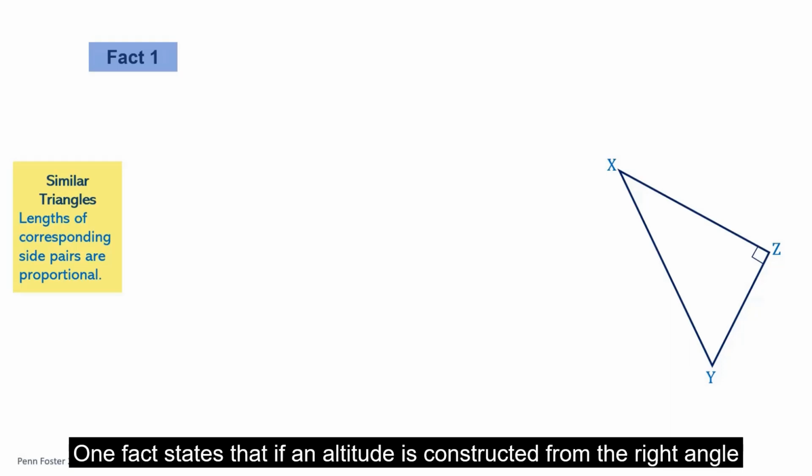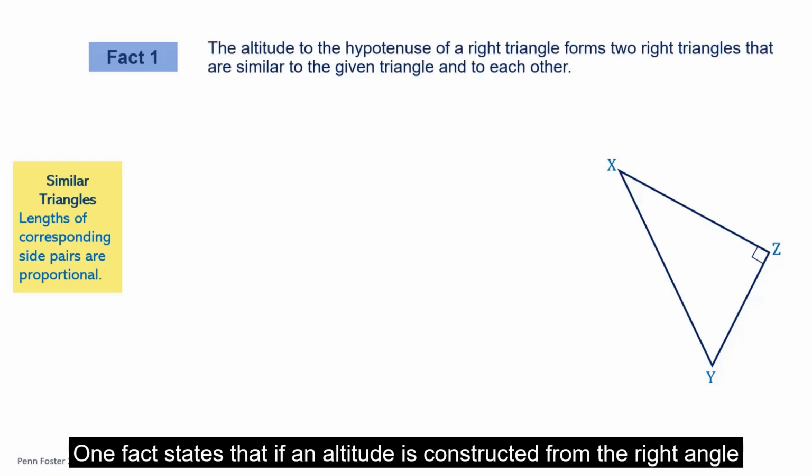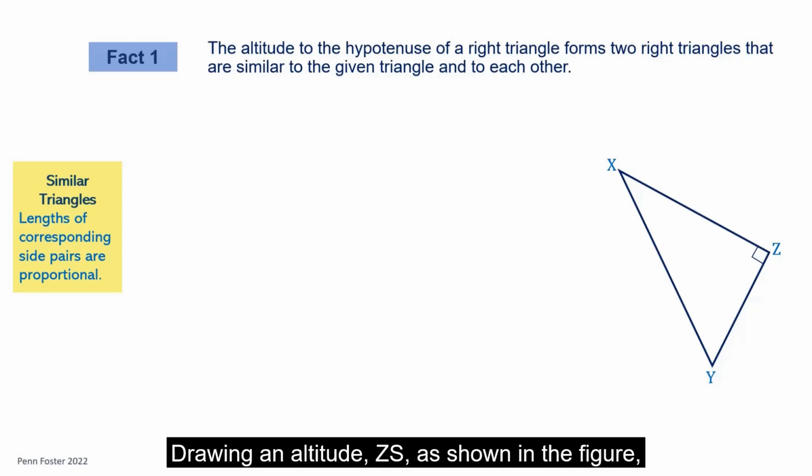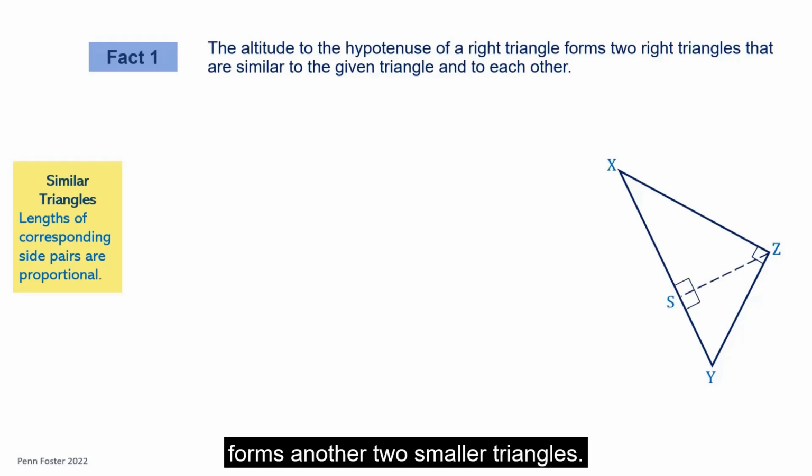One fact states that if an altitude is constructed from the right angle to the hypotenuse of the triangle, the three triangles become similar. Let's paraphrase this fact. Drawing an altitude ZS as shown in the figure forms another two smaller triangles.